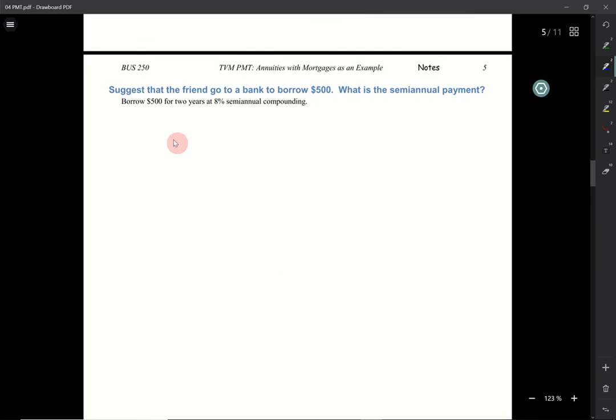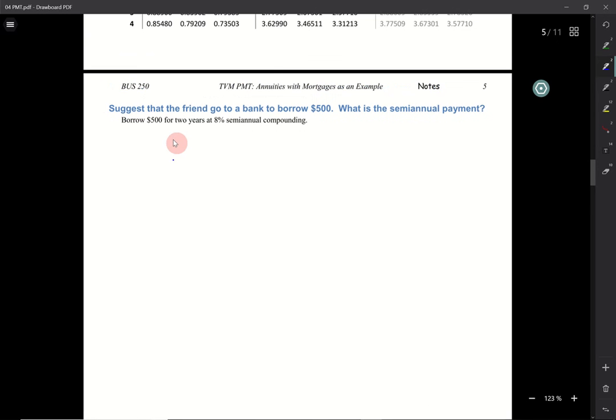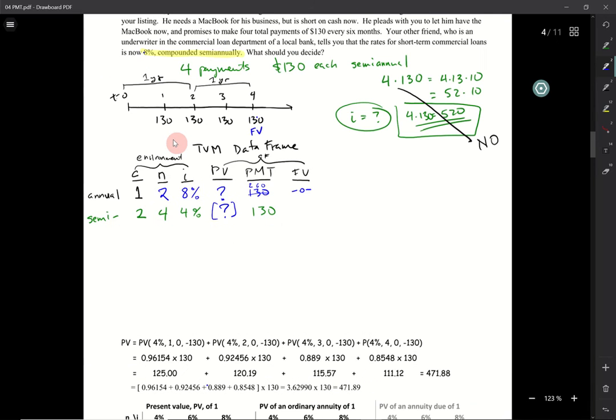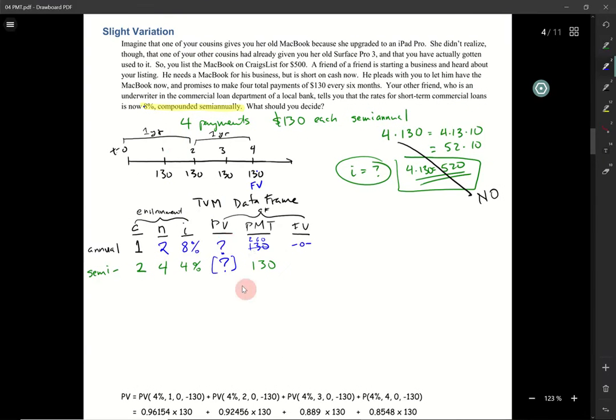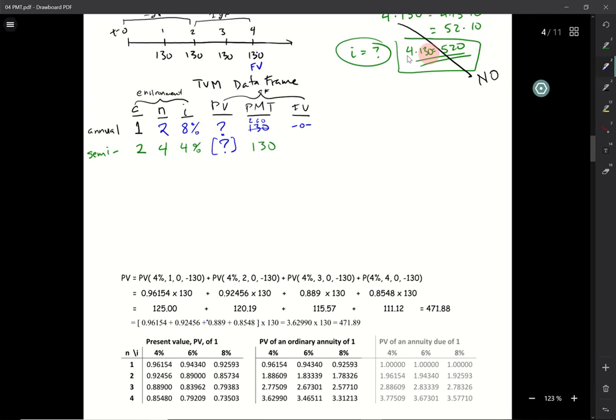So what should you actually do? What's your decision? The offer of 130, if you just do the straight multiplication, sums to 520, which is more than 500.